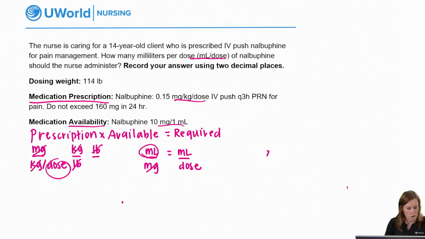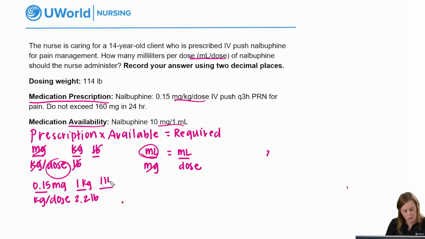Okay, so again, this has been given to us in 0.15 milligrams per kilogram per dose. We know that 1 kilogram equals 2.2 pounds, and our client weighs 114 pounds.